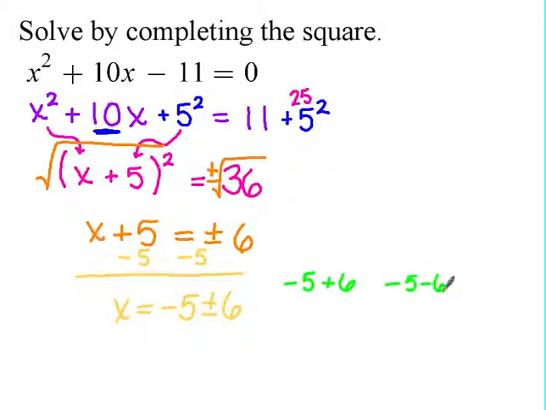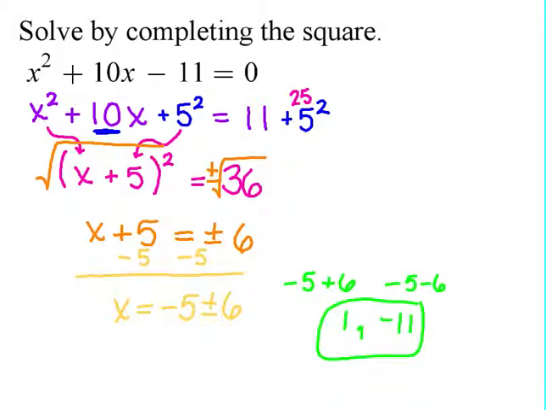So what is negative 5 plus 6 going to be? What is negative 5 minus 6? Negative 11. And so those are your 2 solutions. And in fact, if we were to factor this, it would factor x plus 11 times x minus 1, and it would give us these 2 answers.